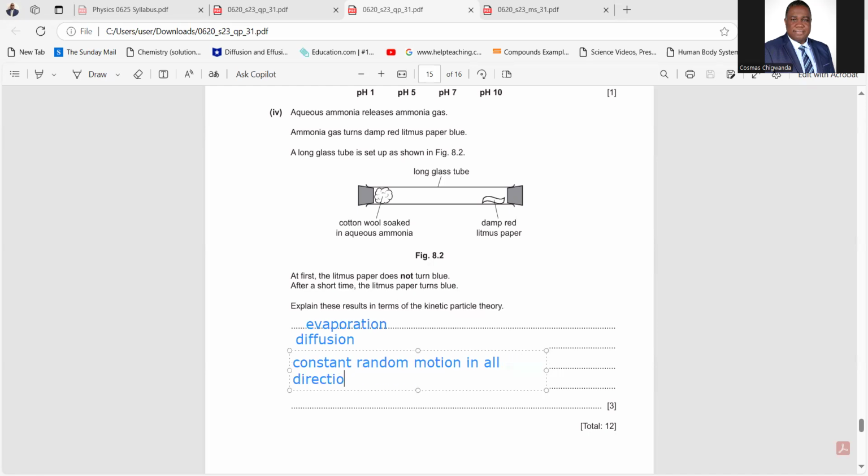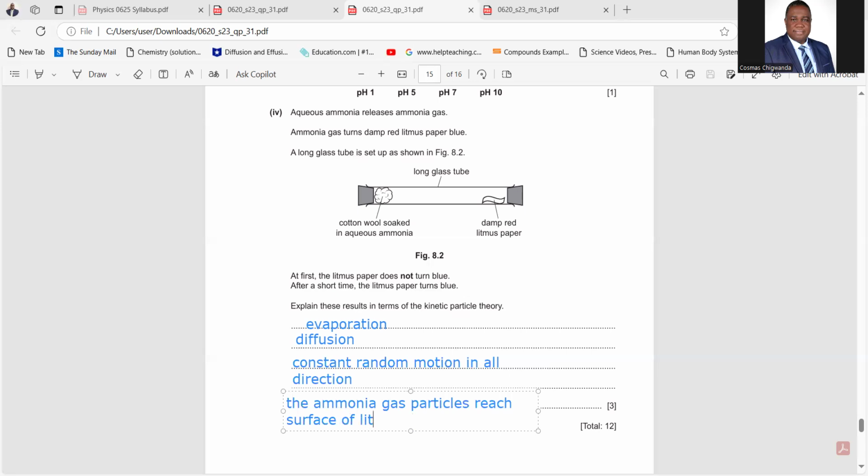And then our next keyword here, what the examiner is expecting us to do is to write that the ammonia gas particles reach the surface of litmus paper.